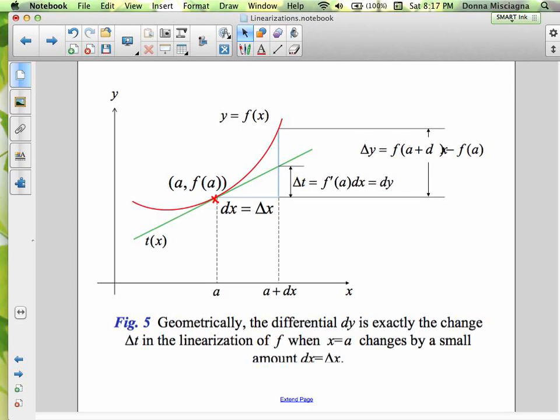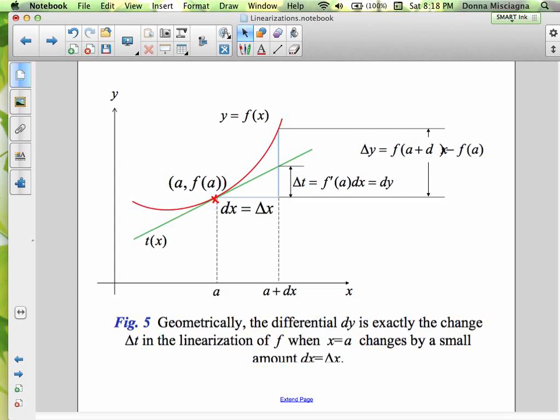If we start to get too far away from a, notice that the linear approximation is not such a good approximating method if we're too far away from that point of tangency. So we're going to be looking for how dy is changing given small changes in x.